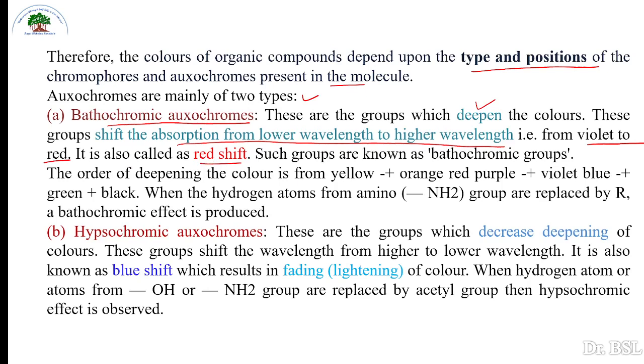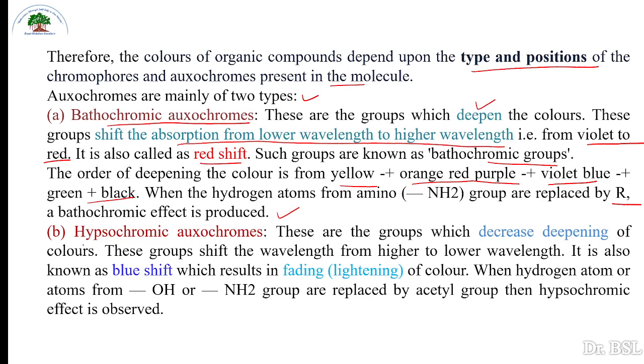Such groups are known as bathochromic groups. The order of deepening the color is from yellow, orange, red, purple, violet to green to black. This is the order. When the hydrogen atom from the amino NH2 group is replaced by R, a bathochromic effect is produced.